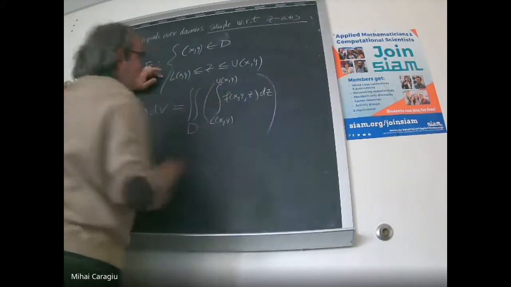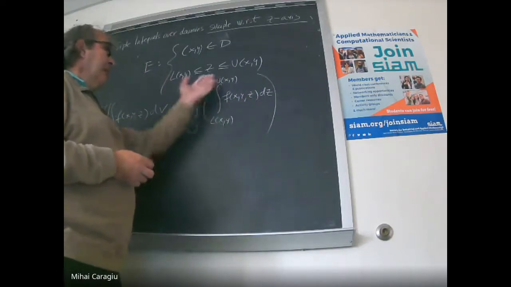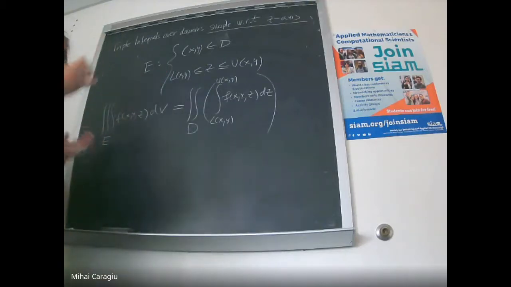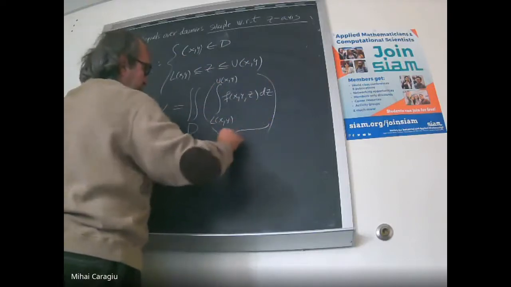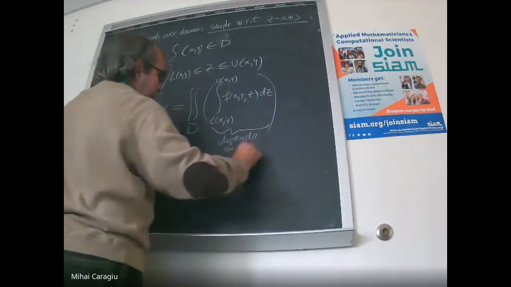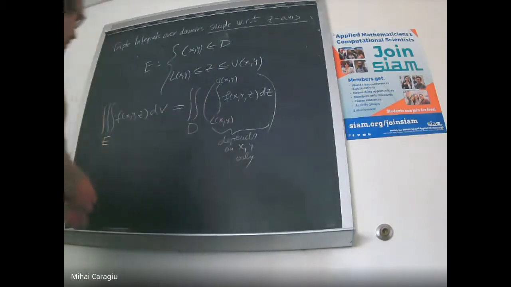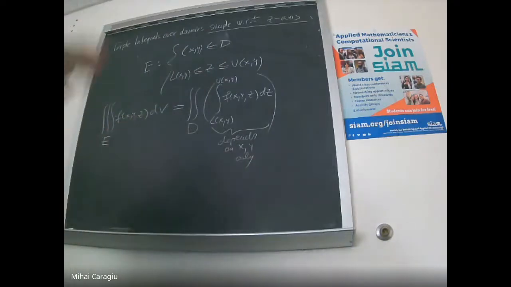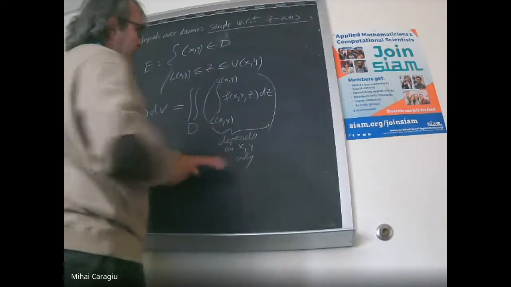So we integrate the z variable from a lower limit to an upper limit, and the lower and upper limits depend on x and y only. After we perform this integral, this inner part depends on x and y only. Then we have a function which depends on x and y only, defined on a plane domain D, and we know from previous work how to do double integrals. So we get a double integral over D of this function, dA.